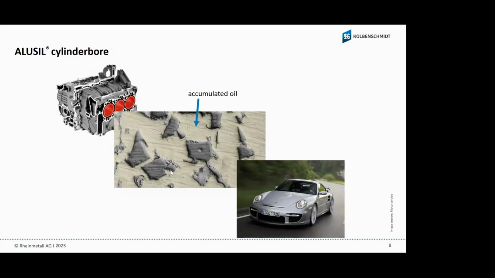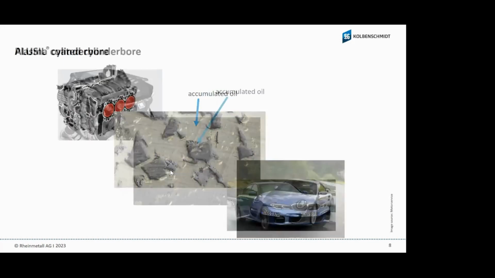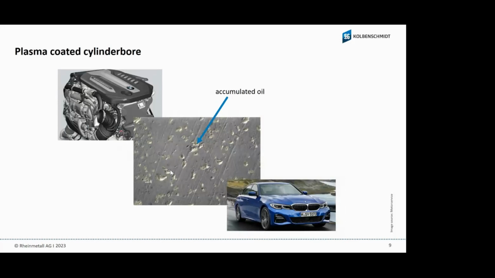This is completely different to the grey cast cylinder bore. And the third one is a plasma coating. This is the newest generation, which you can find in passenger cars, BMW, Mercedes, Volkswagen, Audi, and Porsche. They have this coated cylinder bore inside.